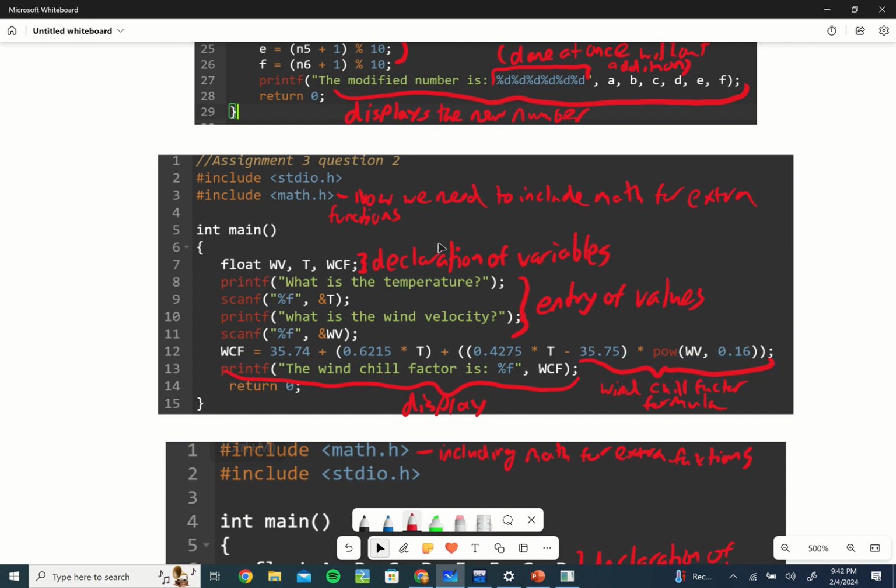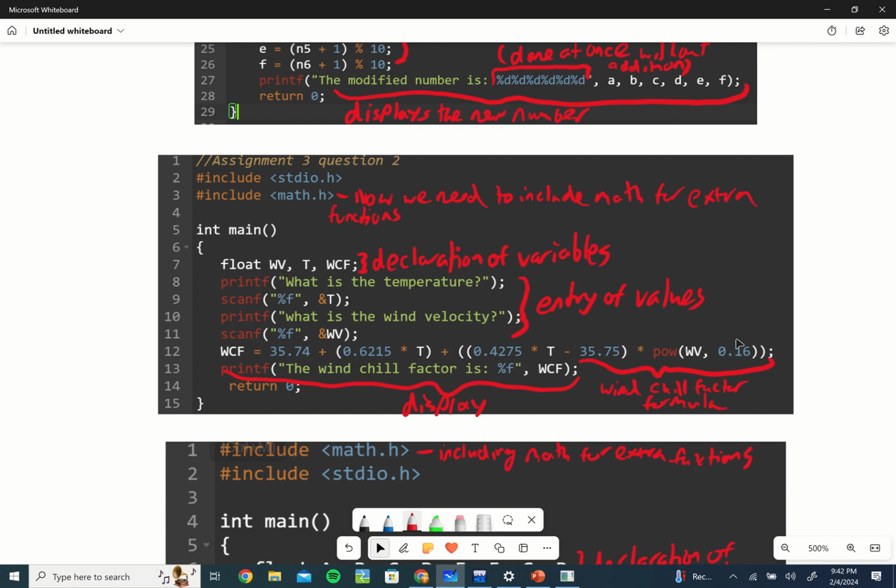So, as always, declare the variables and get the numerical values entered. And after that, it can just be sent right to the formula, where, as seen here, it's dependent on T, as in temperature, and the wind velocity.